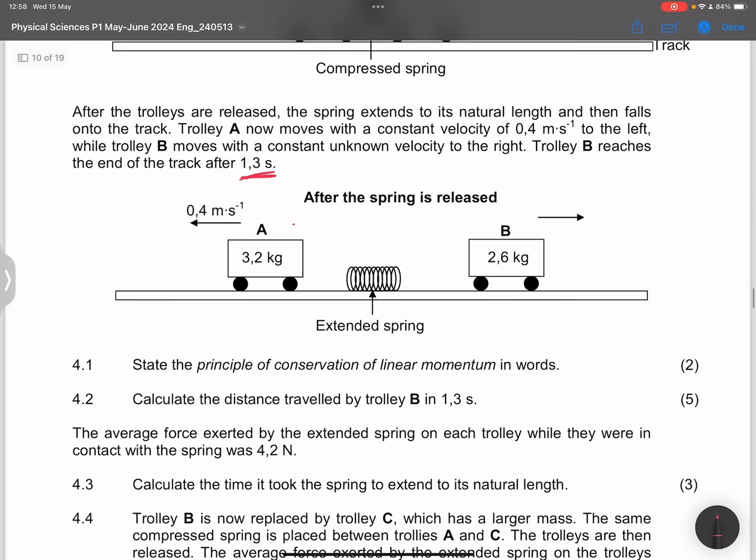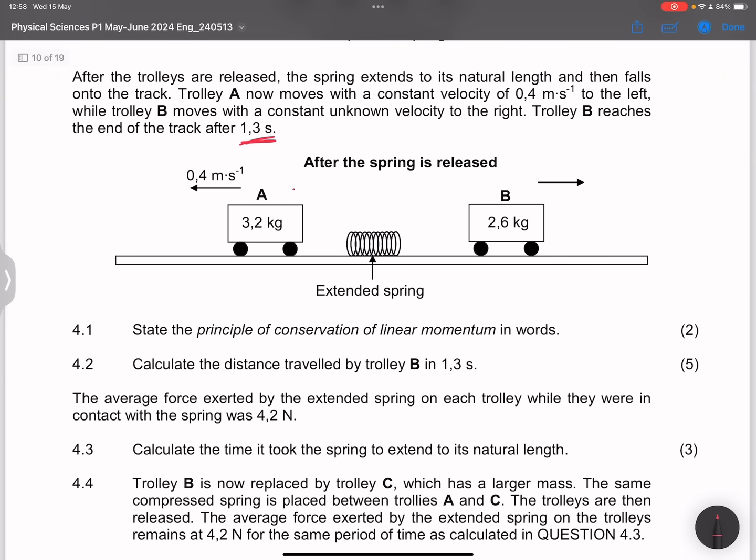Now, state the principle of conservation of linear momentum in words. Please note we say that in an isolated system, the total linear momentum is conserved. Or you can say momentum before collision equals momentum after collision in an isolated system.